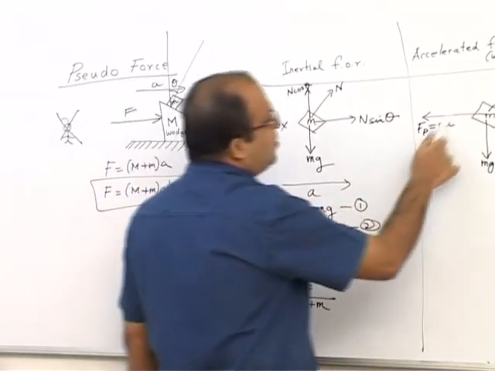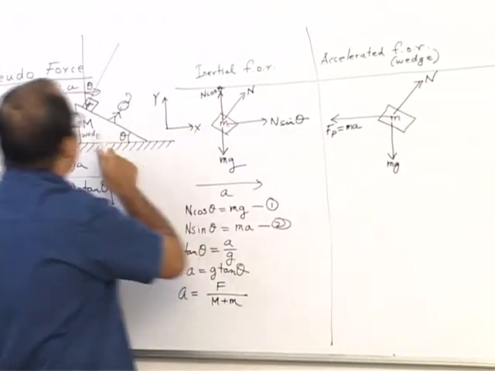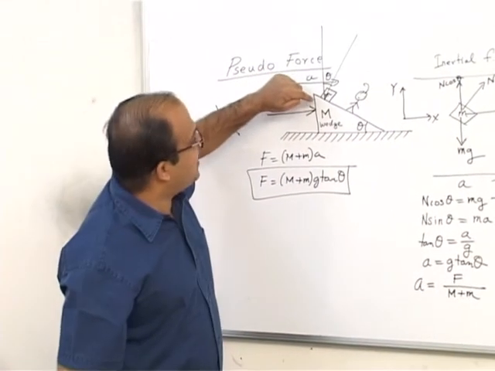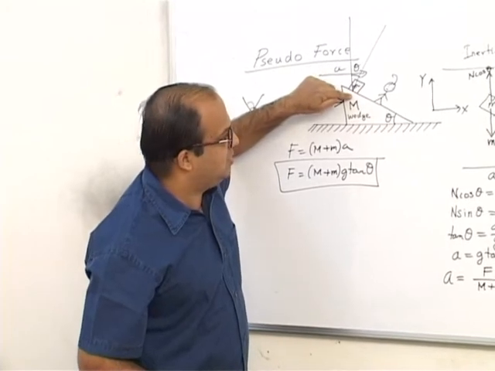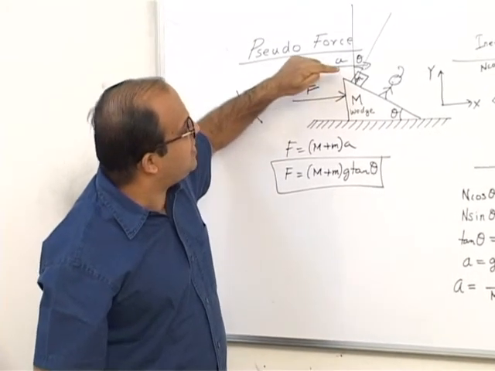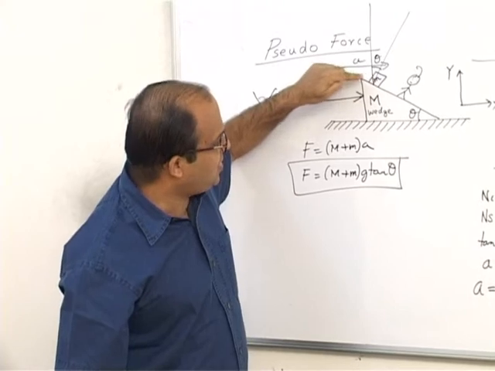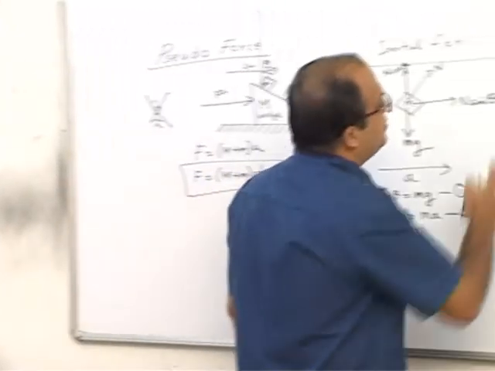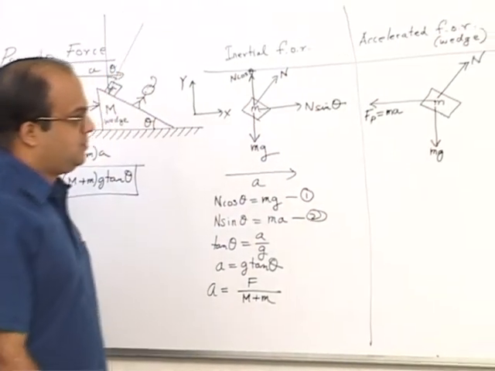So m is the mass of the body under consideration, a is the acceleration of the reference frame. Please understand, this is the acceleration of this wedge. It happens that this acceleration is the same as the acceleration of m, but you have to take the acceleration of the reference frame. So Fp is equal to m into a.